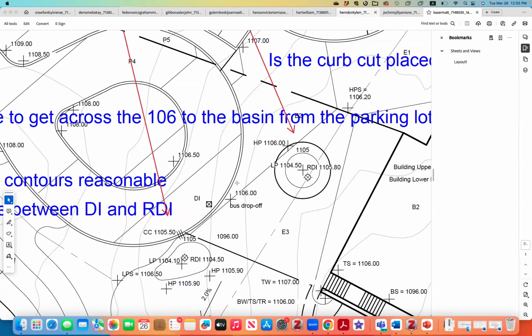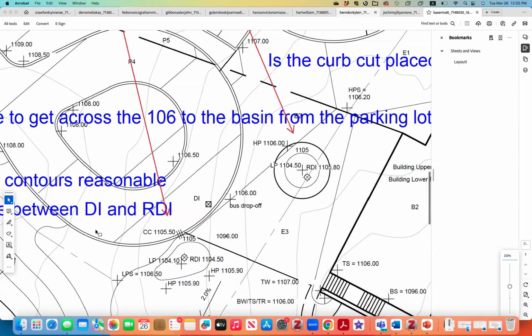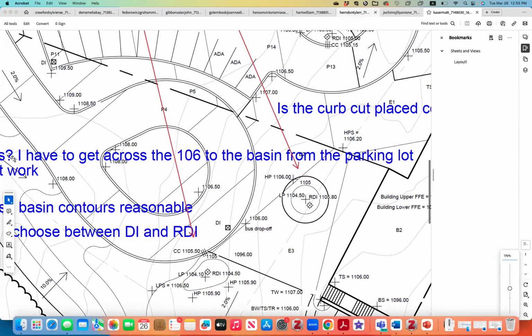Well, actually, yeah, we still have to treat this portion. Reason being, you cannot have just one curb cut over here. If you only do this much, a lot of water will go untreated, just go directly into the DI.